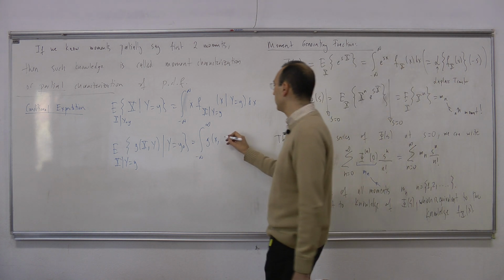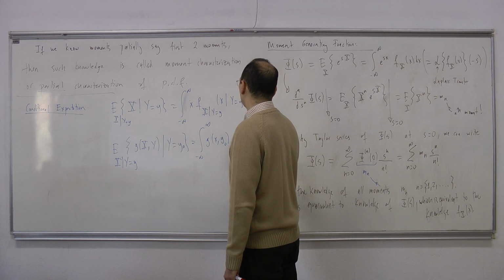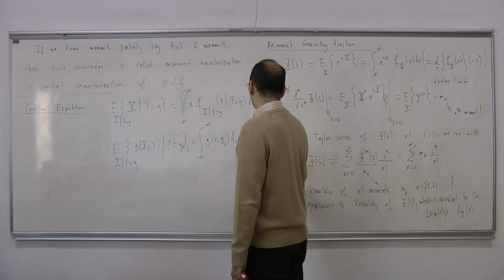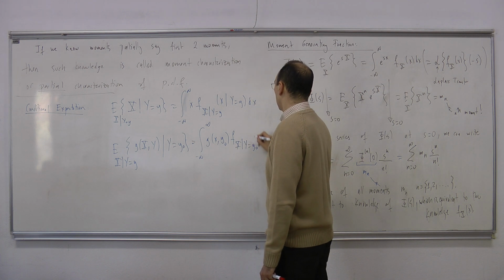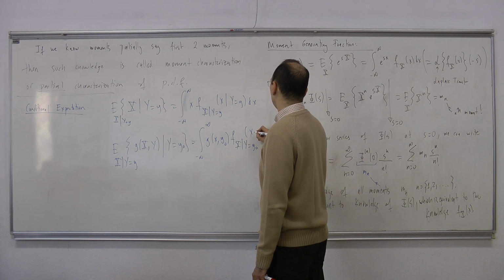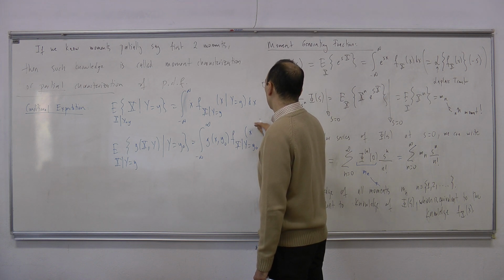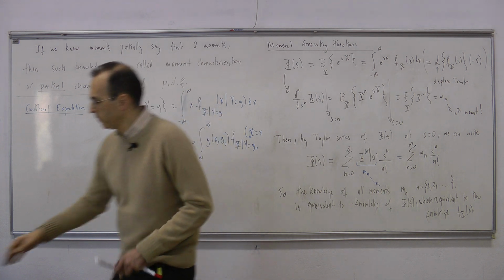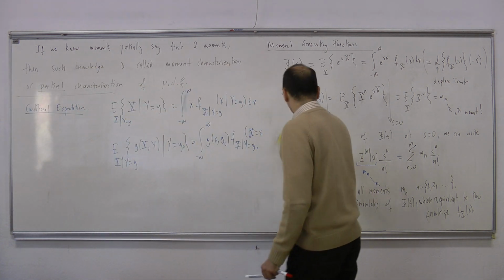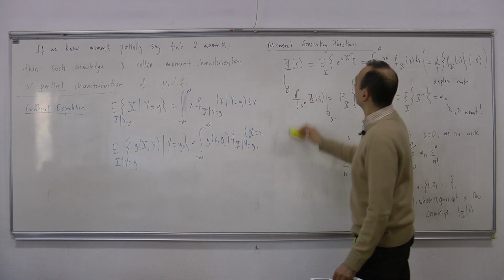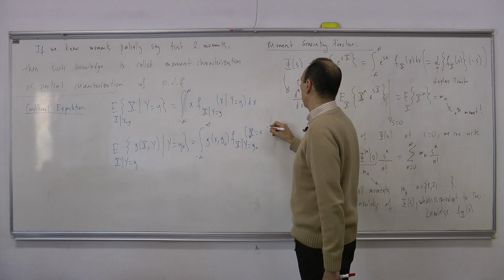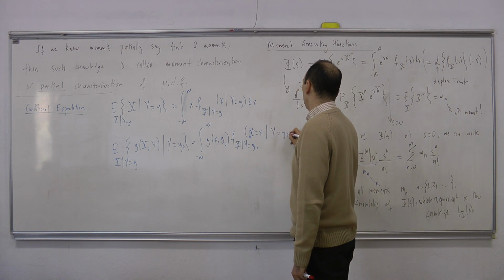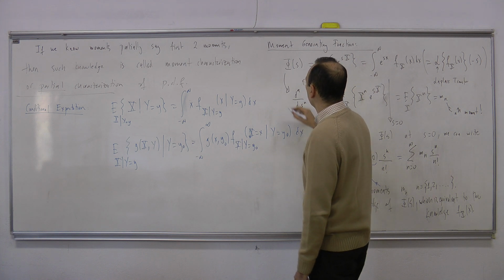Y is equal to y naught. This is small x. Let me write capital X is equal to x, and capital Y is equal to y naught, dx.